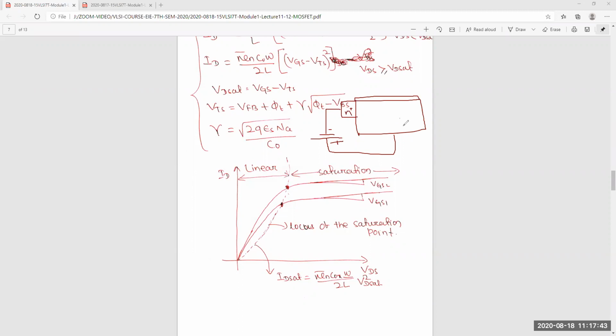This is P, this is N, so this is a PN junction, it's like a diode, and we are doing a forward bias: P to positive, N to negative. So what happened? A heavy current will flow in this direction.